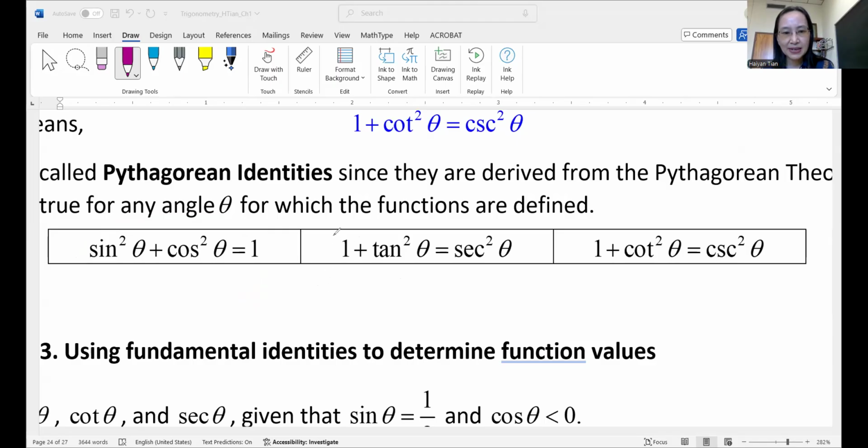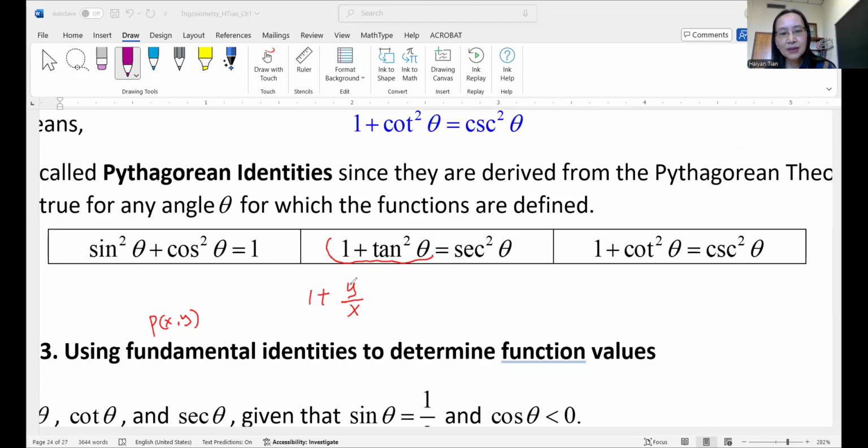Suppose I start from the left side. The left side is actually 1 plus, recall that tangent is y over x, right? Again, x, y are the coordinates of the point on the terminal side of theta.